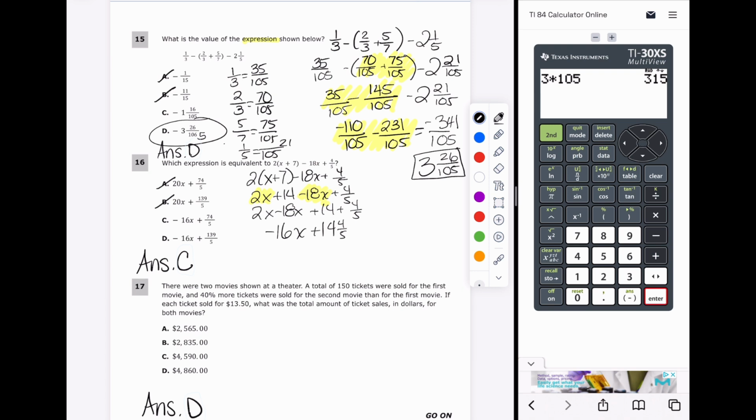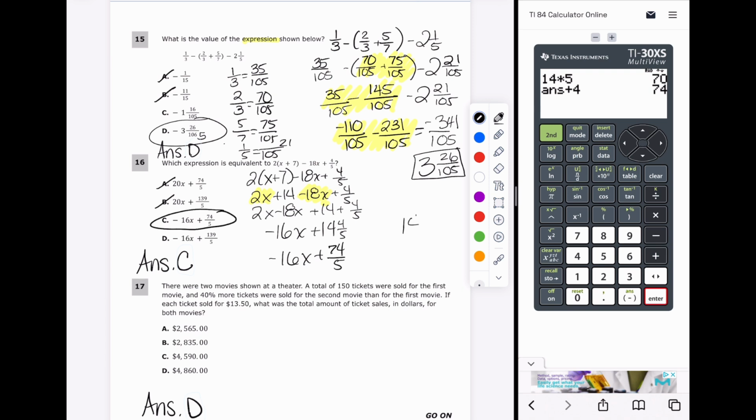So notice how for C and D, they both have improper fractions. So I'm just going to turn this into an improper fraction. 14 times 5 is 70 plus 4 is 74. There you go, 74 fifths.